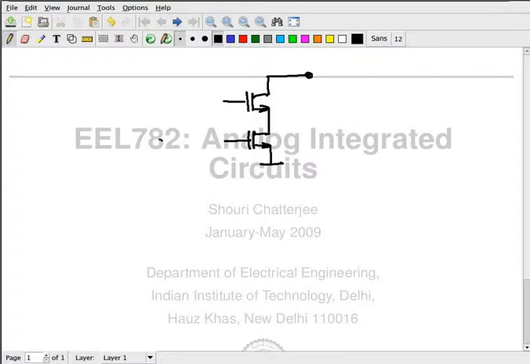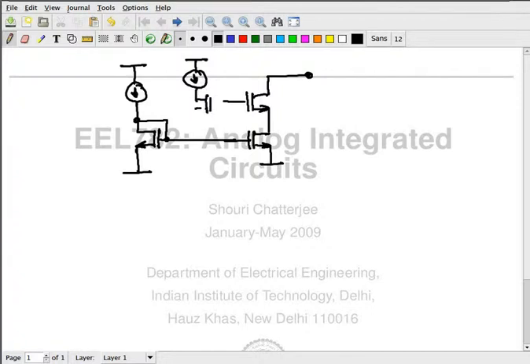To bias the first one, I did this, and to bias the next one, I had the same amount of current but a much smaller device, about 1/4 the size. So the width was about 1/4 of the others. The current was the same.